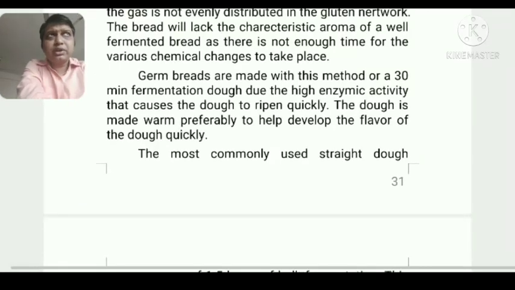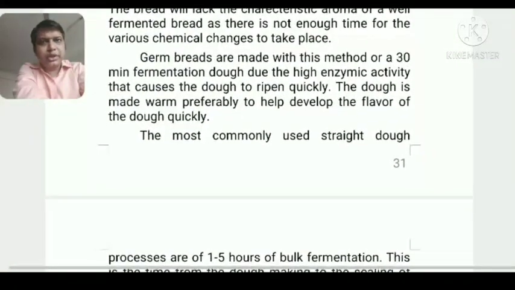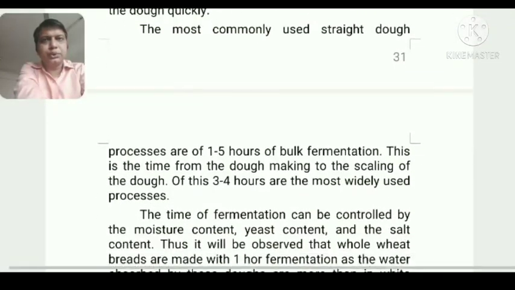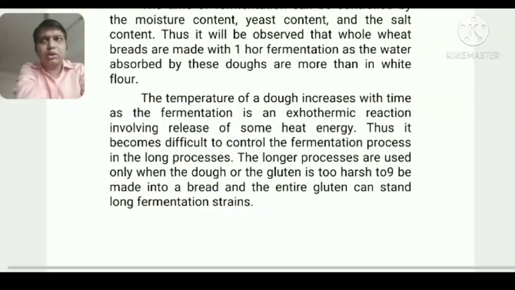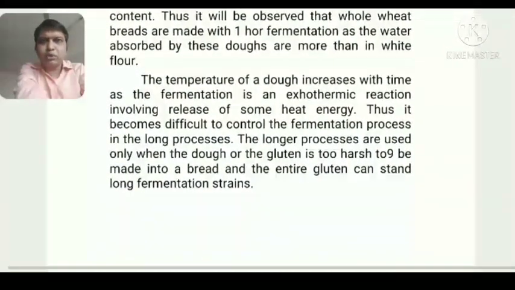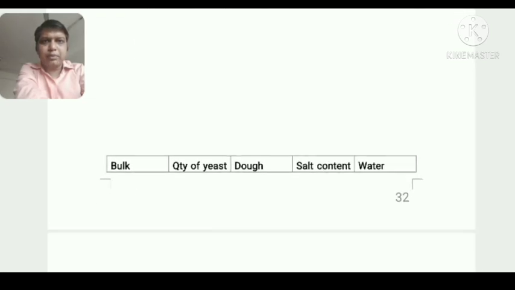So the straight dough method has a subcategory, the no time dough method, but the straight dough method is generally used depending upon the quality of flour, the amount of yeast, sugar and other ingredients we use, and the final product which we want.